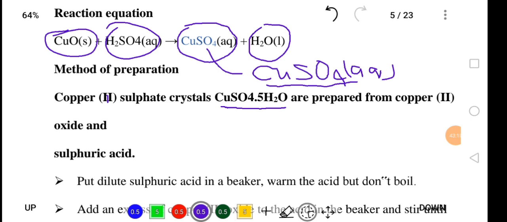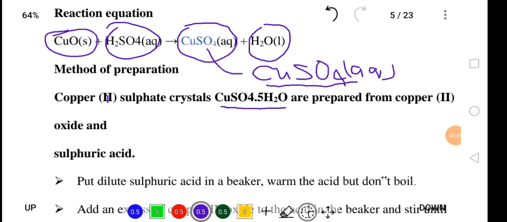Those moles of water will maintain the color of copper 2 sulfate. When we remove the entire water, the color of copper 2 sulfate is going to change from blue to white. We are not interested in white copper 2 sulfate.